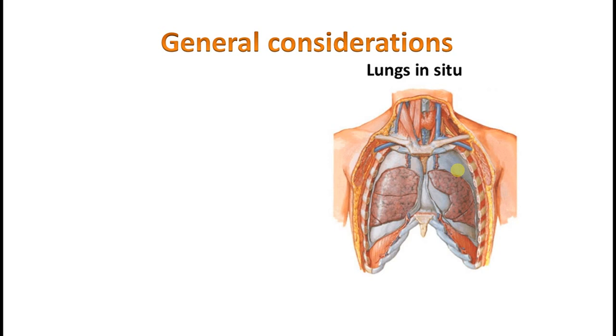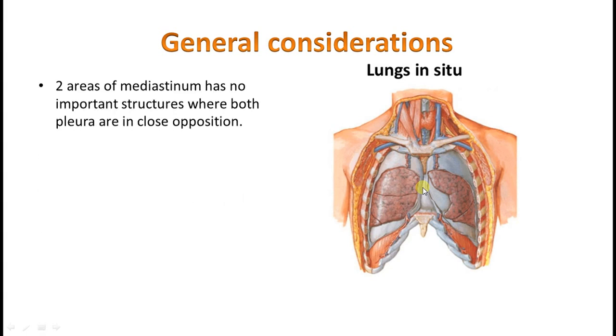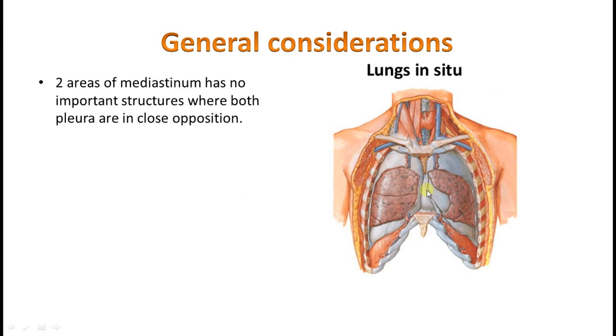Now, at two places, the mediastinum does not contain any important structures, or you can say the mediastinum is almost nil or absent, because at these two places the lungs or the pleura come in close contact with each other.